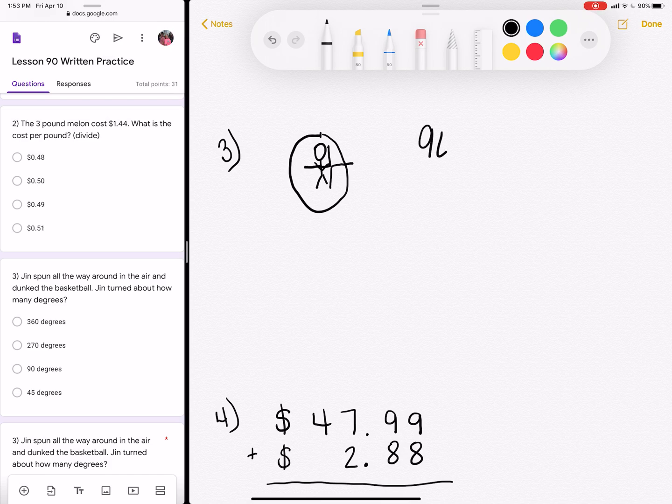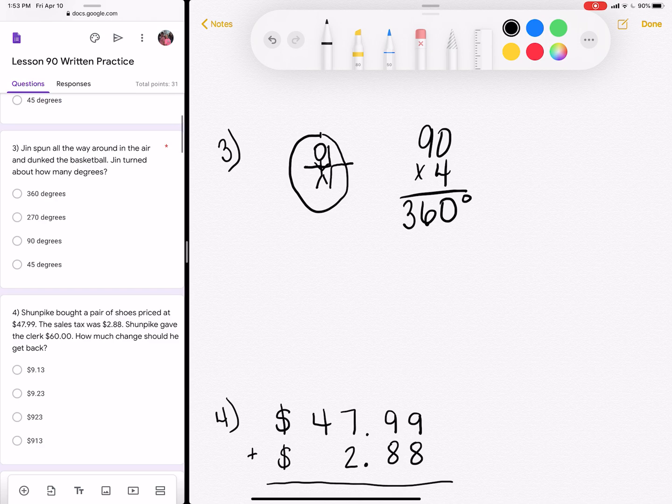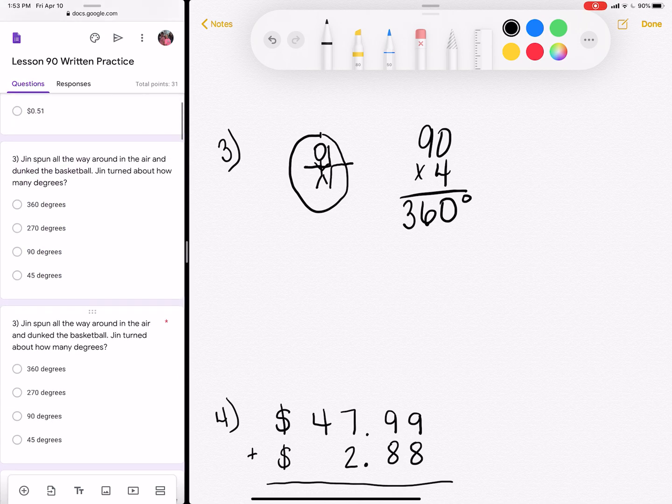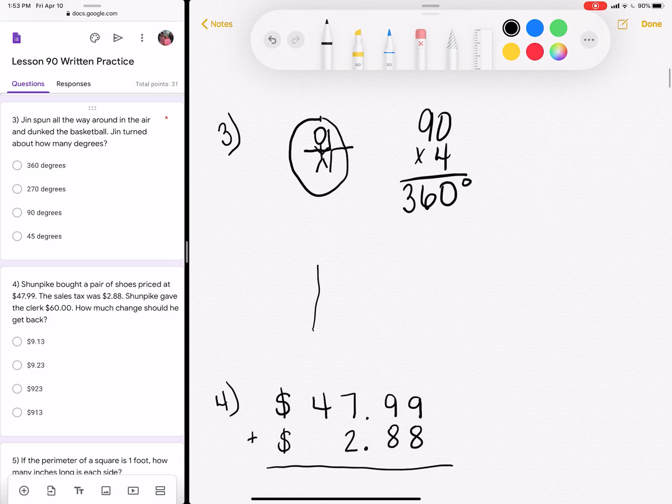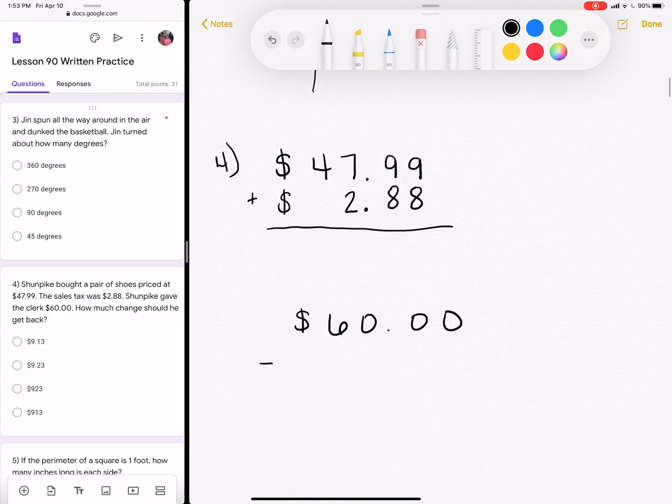Let's do 90 times 4. 0, 36. So he spun 360 degrees. Okay. Number 3 is on there twice for some reason. Just choose 360 degrees both times. That'll be easy points.